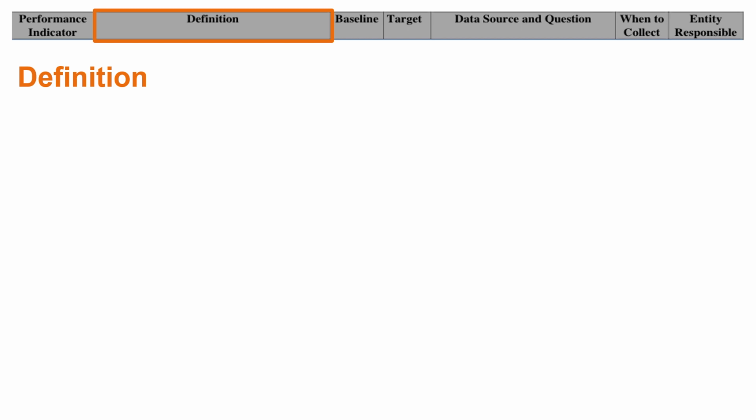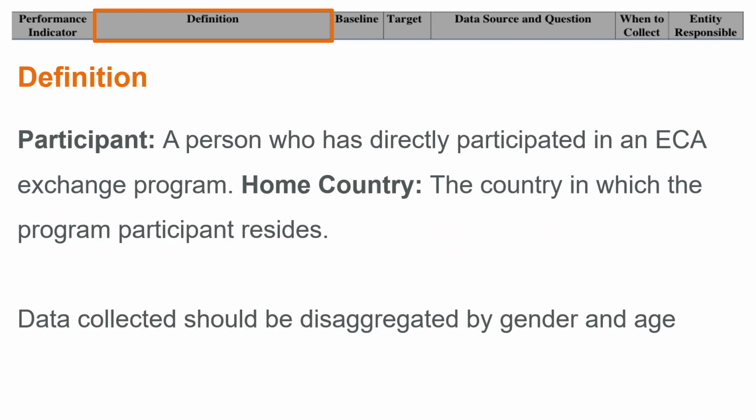For example, you might decide that you need to define participant, which would be a person who has directly participated in an ECA exchange program, and host country, the country in which a program participant resides. Here, we also specify that data collected should be disaggregated by gender and age.